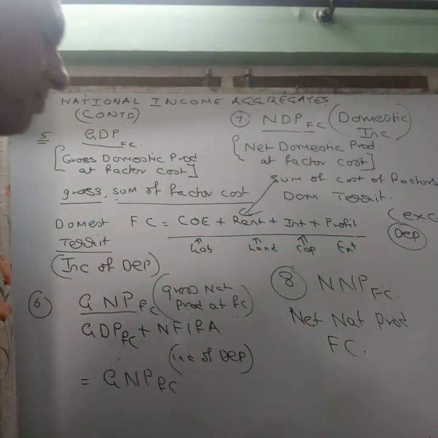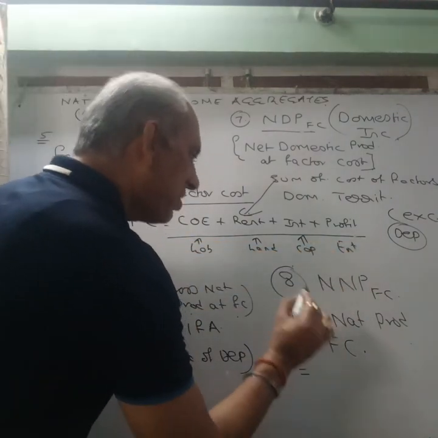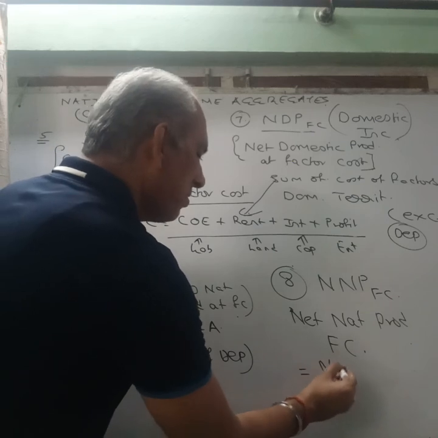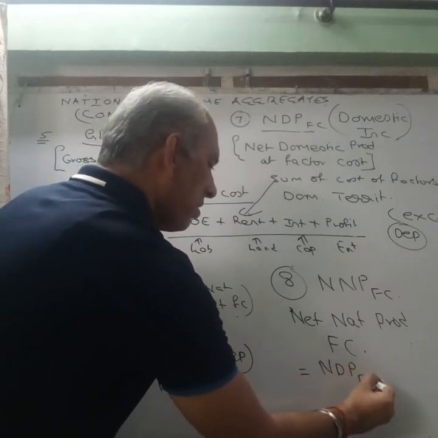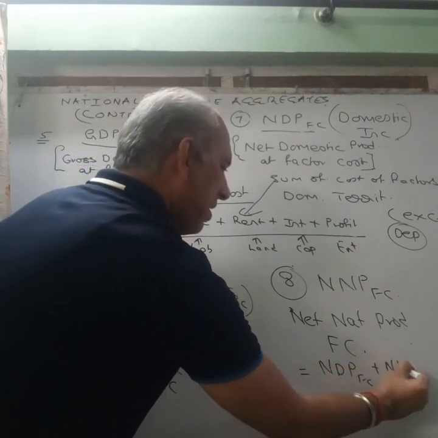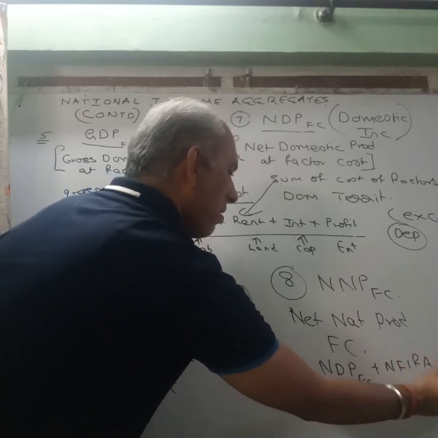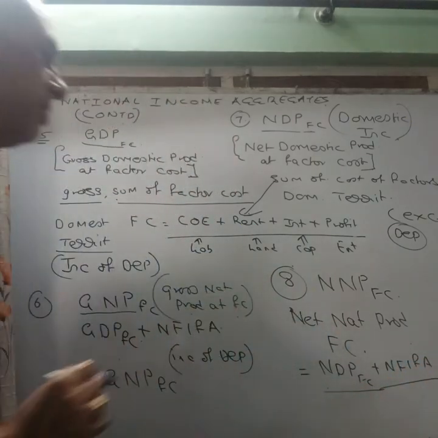So what I'll do is take the sum of NDP at factor cost and net factor income from abroad.